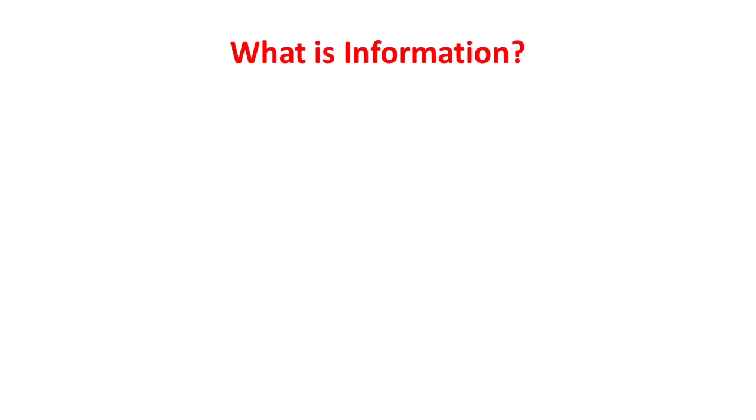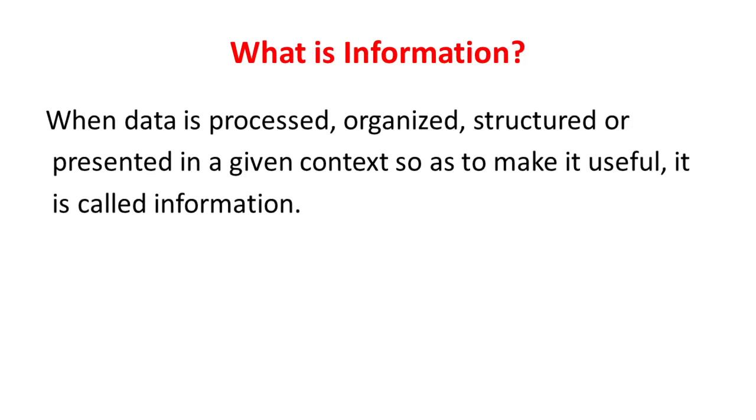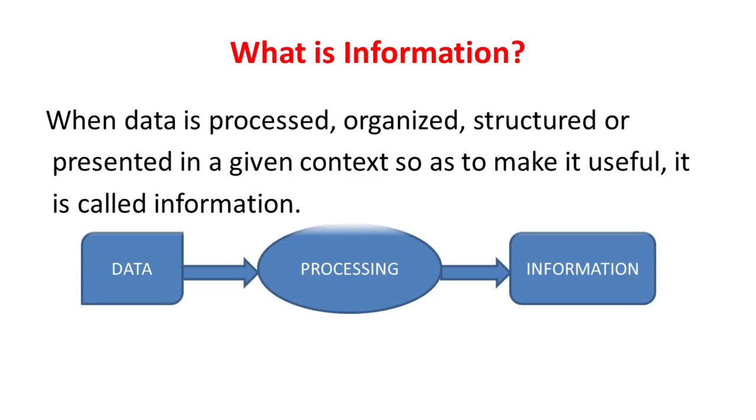The next definition is what is information. Whenever the data is processed, it will become information. When the data is organized, structured and processed, it will become information. You can see in this diagram, when the data is processed, it will become information.